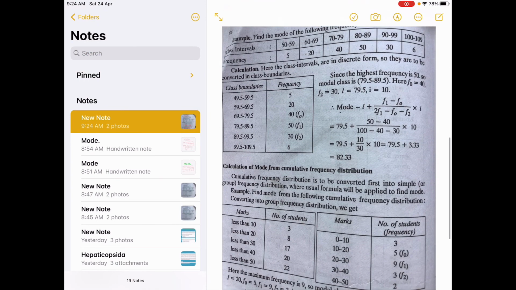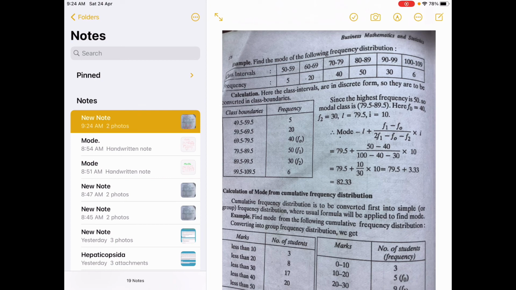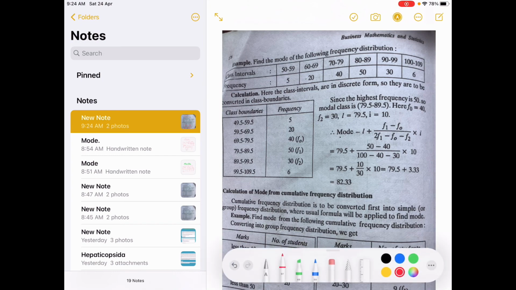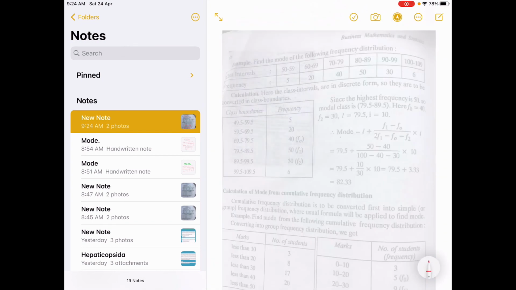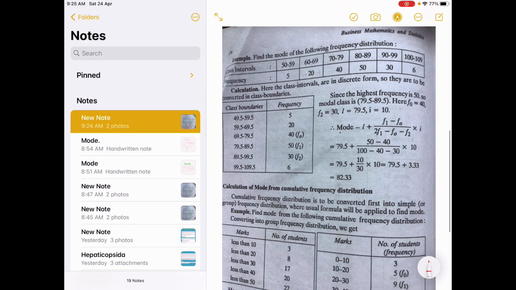Next question. Find the mode of the following frequency distribution. You have to find the mode again. Class boundaries and frequencies are given, so there is no need to convert any middle class into class boundaries, since the question already gives class intervals and frequencies.